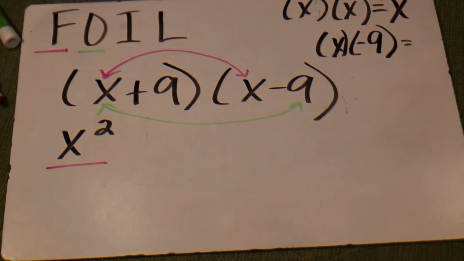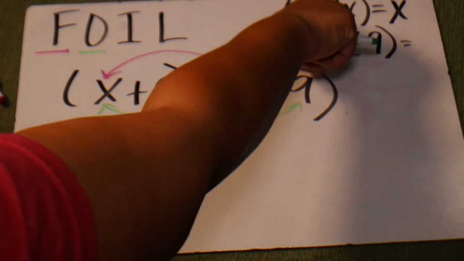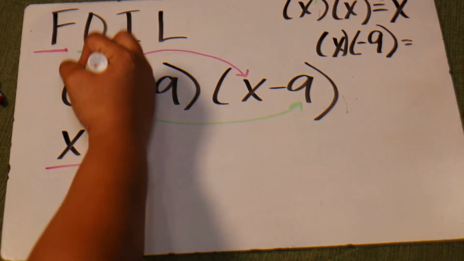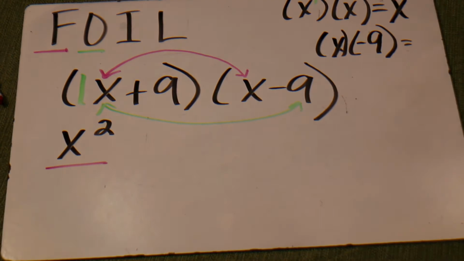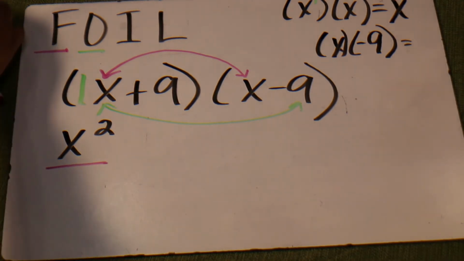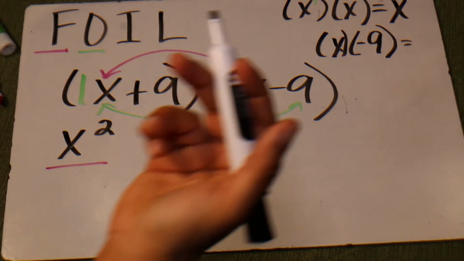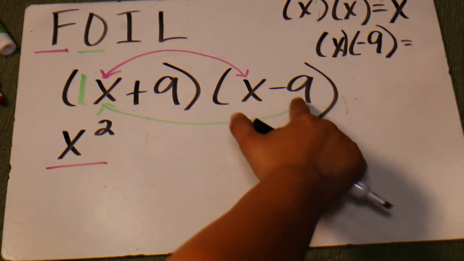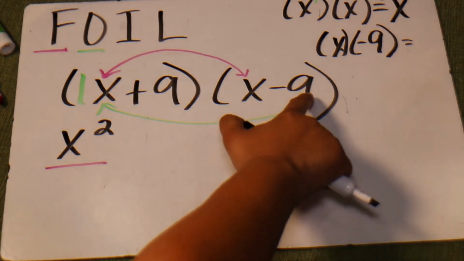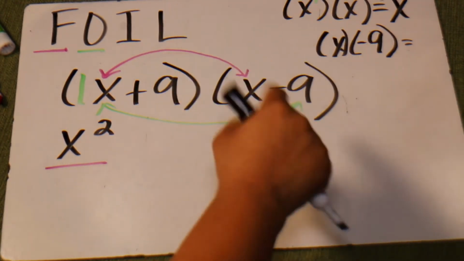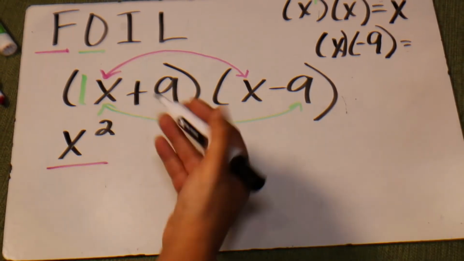One more thing I want to add. Not only is there an imaginary 1 exponent, but there's an imaginary 1 here. So now we want to multiply the terms again, but this is an imaginary 1. This is just another way to think of it. So 9 times 1 is 9.